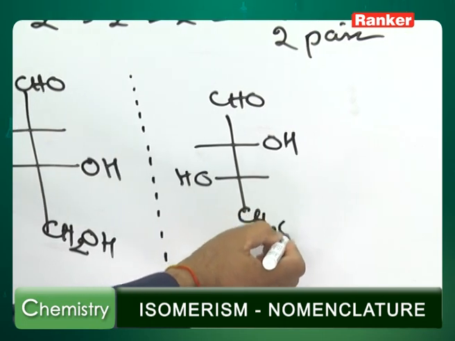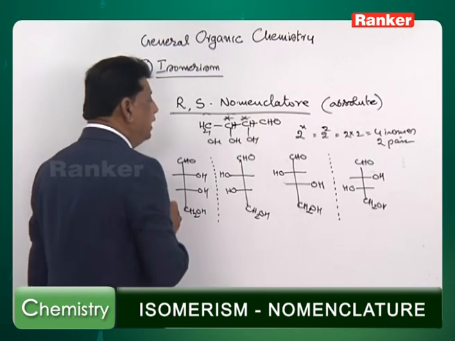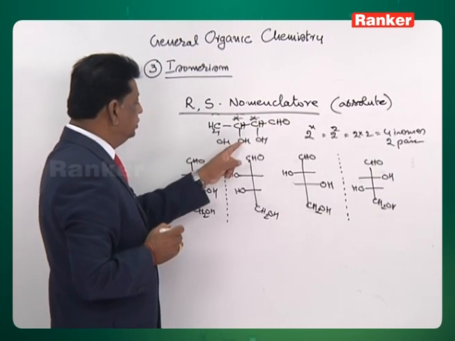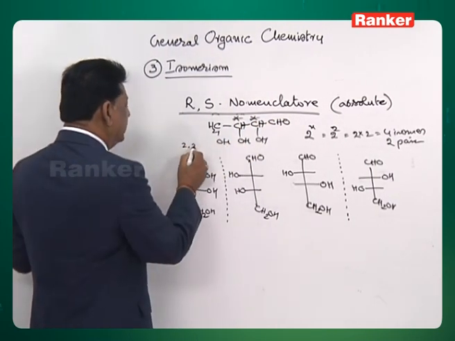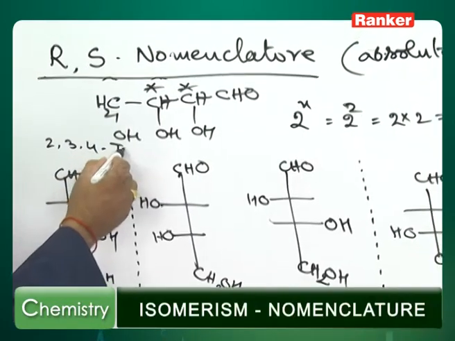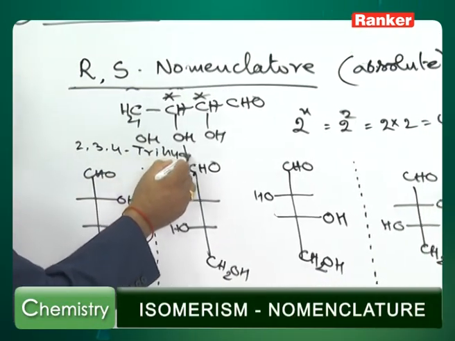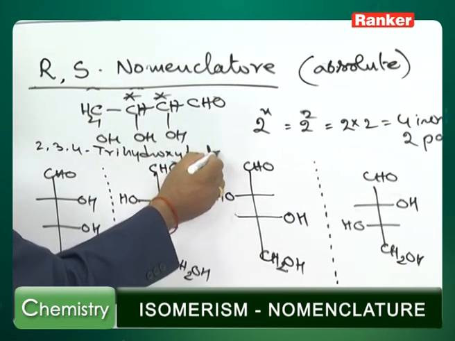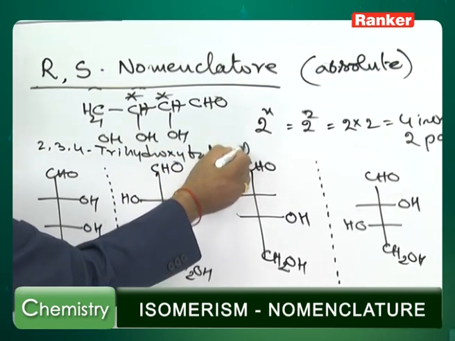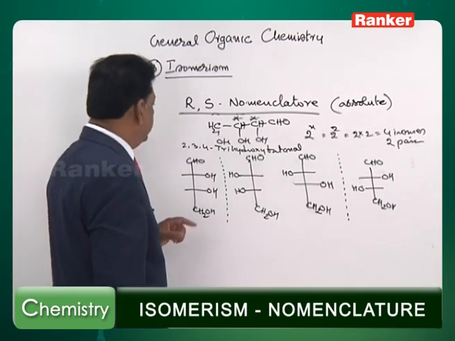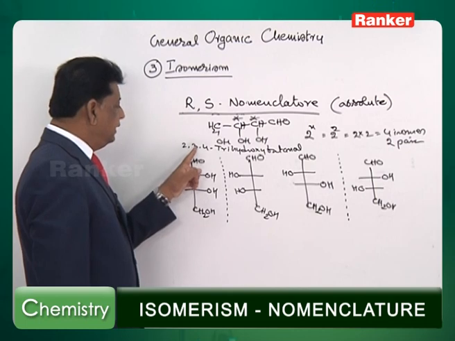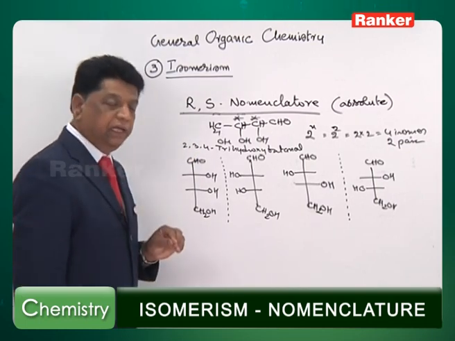But the IUPAC name of this compound will be, numbering 1, 2, 3, 4, 2,3,4-trihydroxybutanal. At second and third carbons we have chirals.